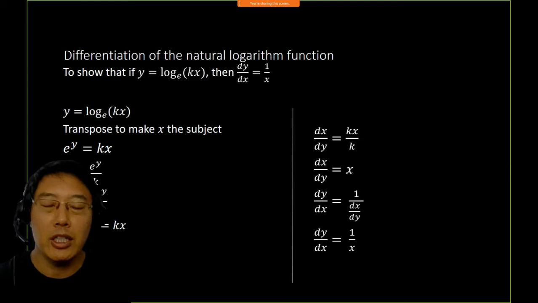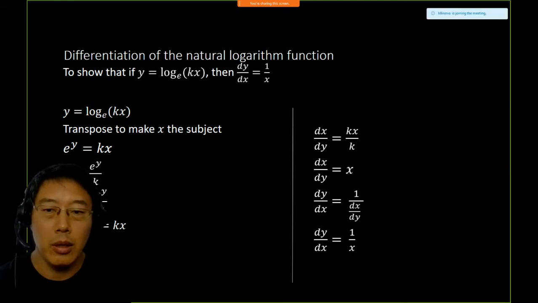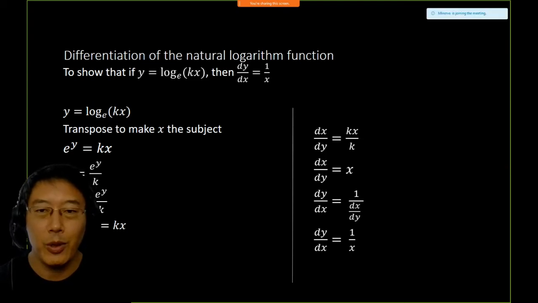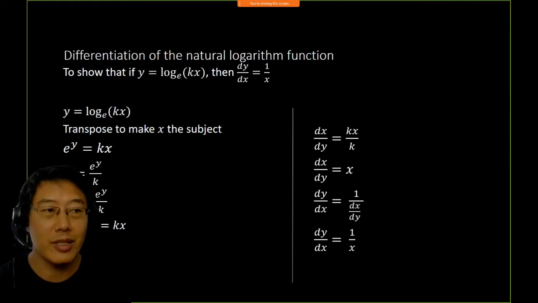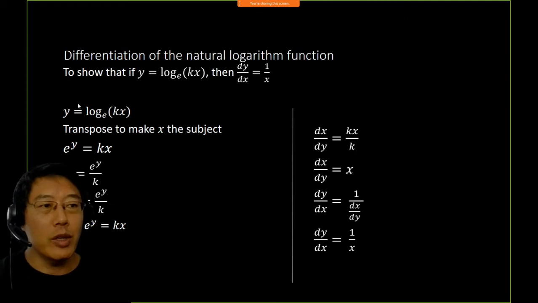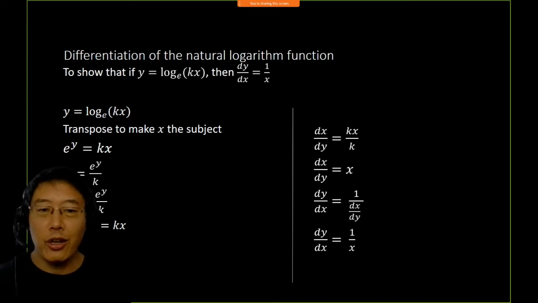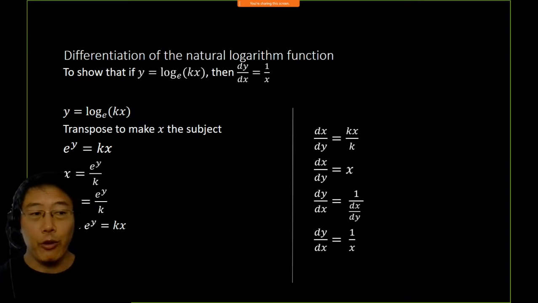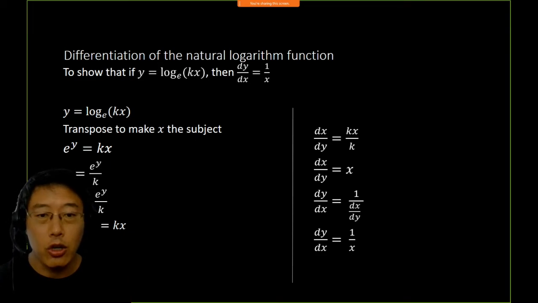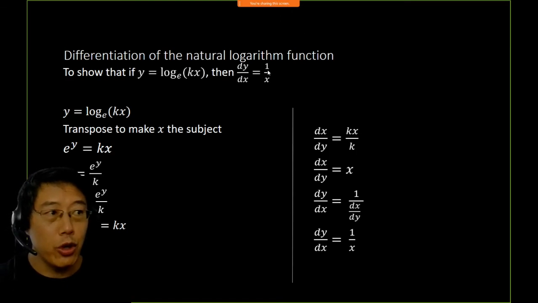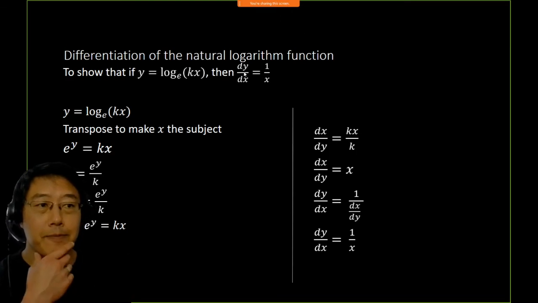Remember, if it's exponential in terms of x and you differentiate in terms of x, it's the same. So we look at that log base e function, and we're going to transpose to make x the subject. We end up with a function in terms of y. We're going to differentiate in terms of y, and then go back to determining dy over dx.